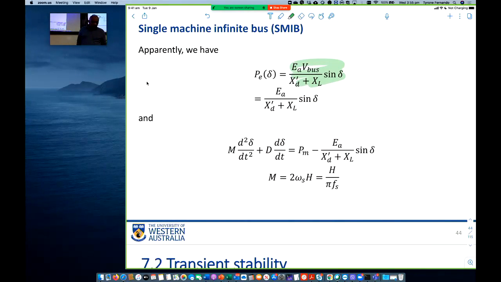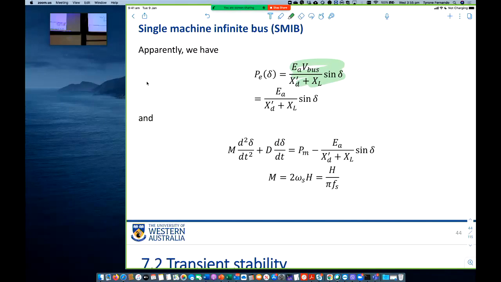So then we have this swing equation. Some constant times the second derivative of delta, plus some constant times the first derivative of delta, must equal the mechanical power minus the electrical power. That's the equation.